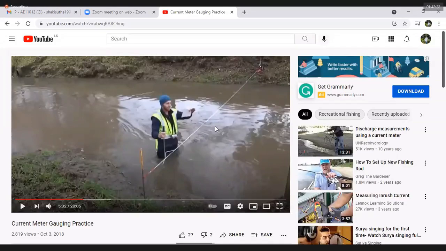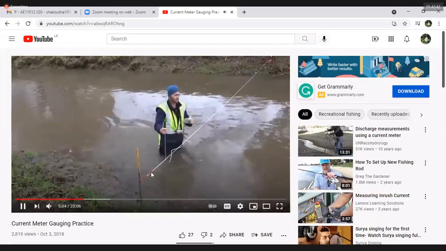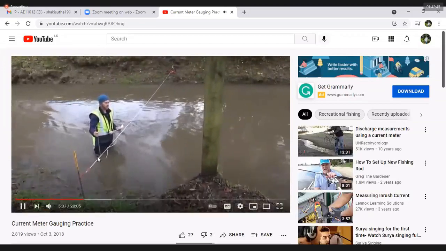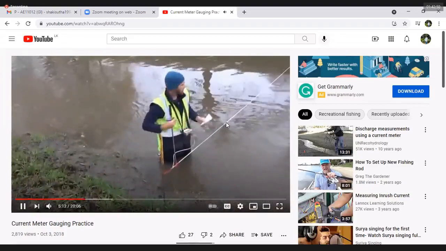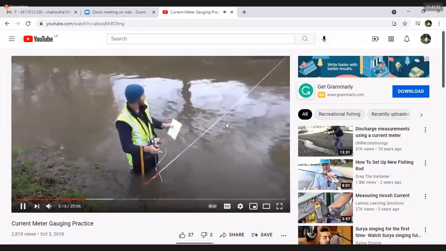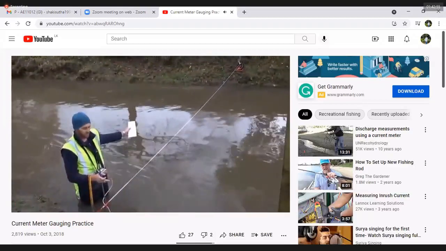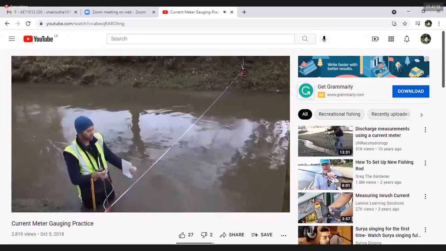Because once he measures the total width, he needs to divide the channel into subsections. If he decides to divide the channel into equal 2 meter spaces, once this measuring tape is there, it's easy to identify the 2 meters from the starting point, then the next 2 meters from the starting point. So if he fixes it permanently, it's easy for him to identify the width.